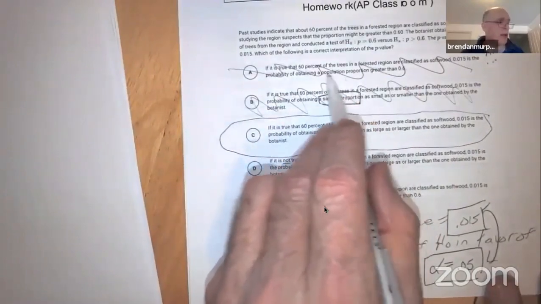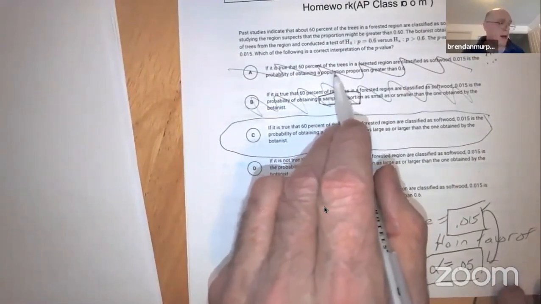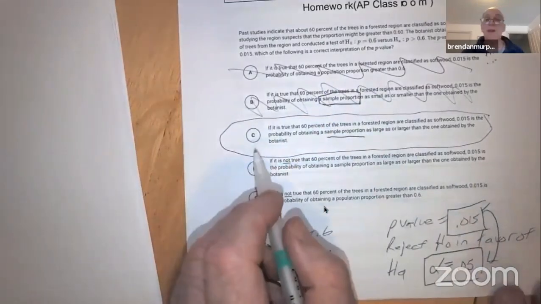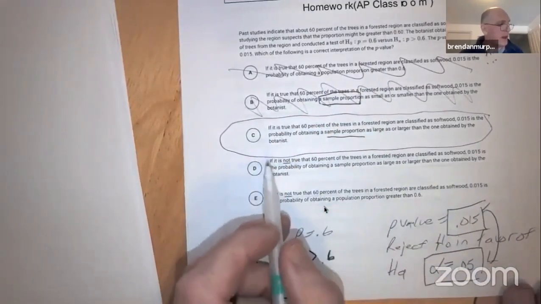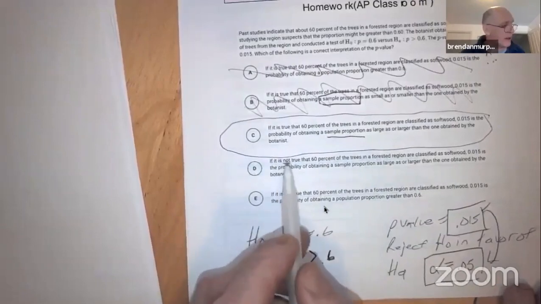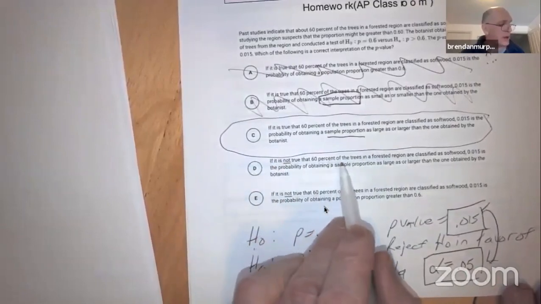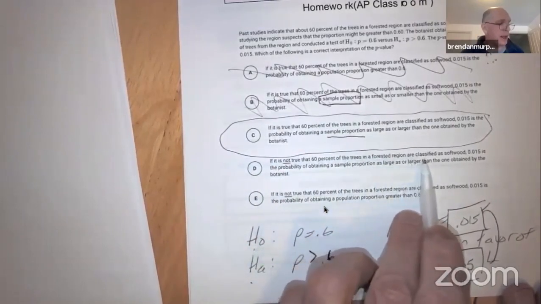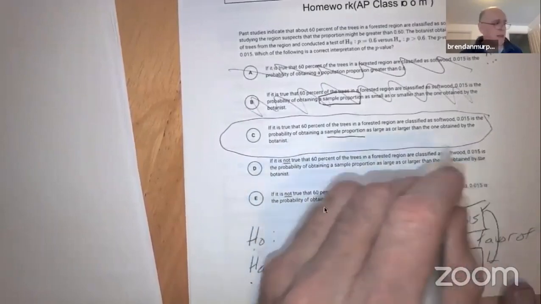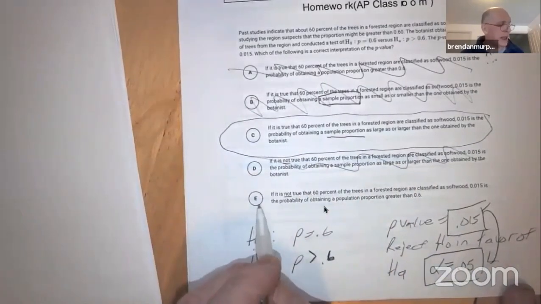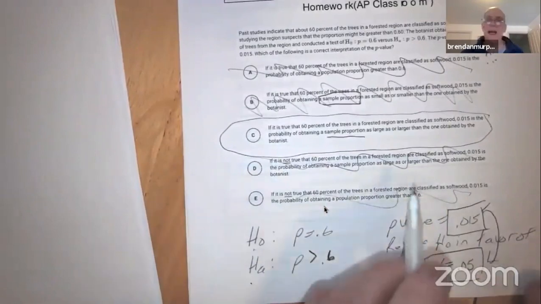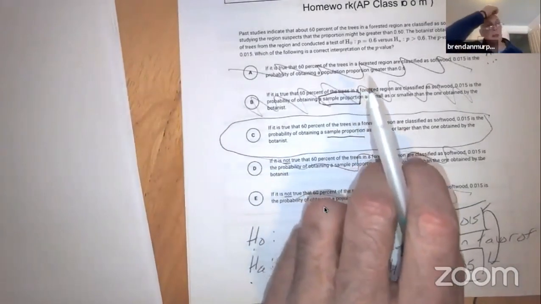That's really not what the evidence has talked about. So C feels much better to me. Let's just keep reading for the heck of it. If it is not true that 60% of the trees in a forested region are classified, yeah, that didn't really make too much sense to me. And then E, if it is not true that 60%, that really didn't make sense to me. So I think the best answer here is C.